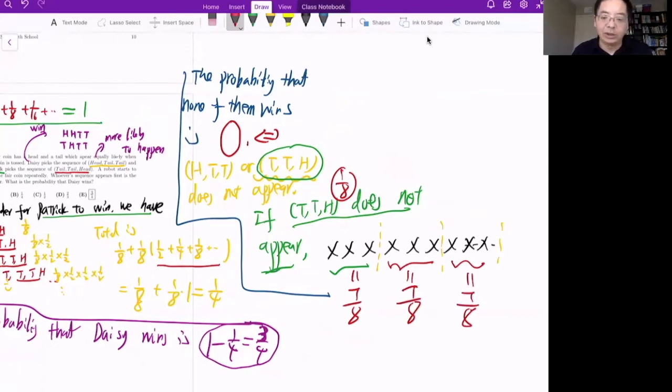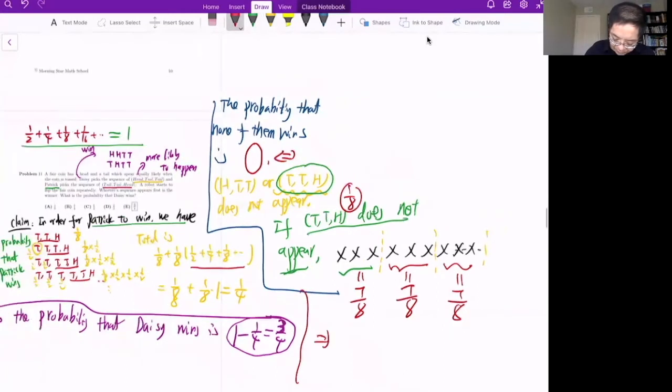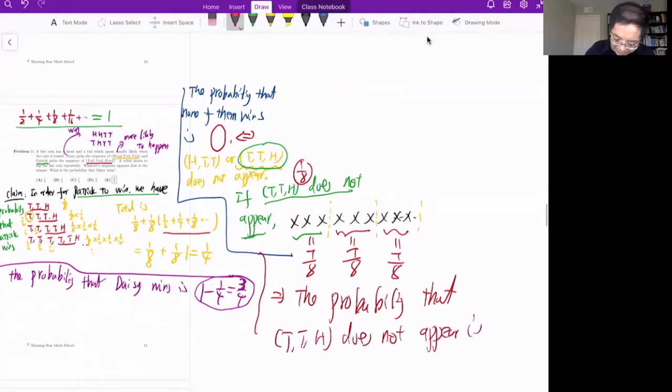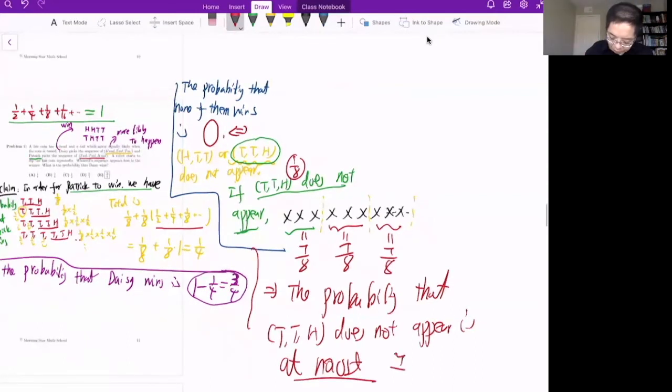All right, so we get the probability that TTH does not appear is at most, it's not exactly, but it's at most, 7/8 times 7/8 times 7/8, all the way to 7/8.